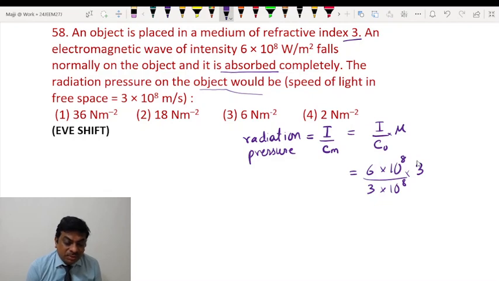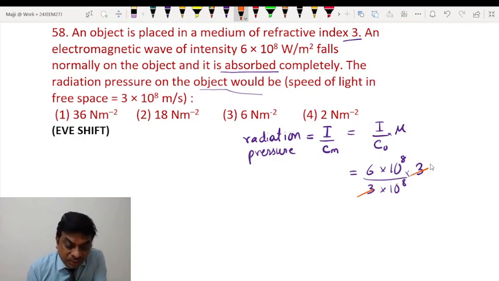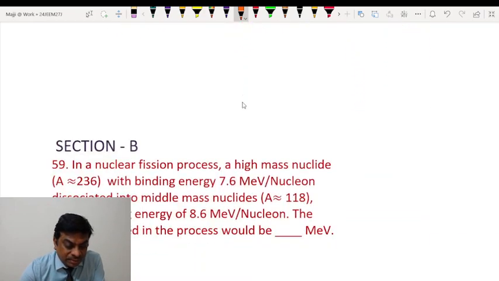So there is no substance in my knowledge whose refractive index is 3. But anyway, they have given it, so we have to take it. Or it's a memory based question, maybe the student could not reproduce it properly. So finally, we have 6 Newton per meter square. This is the correct answer, students, as per the given data.